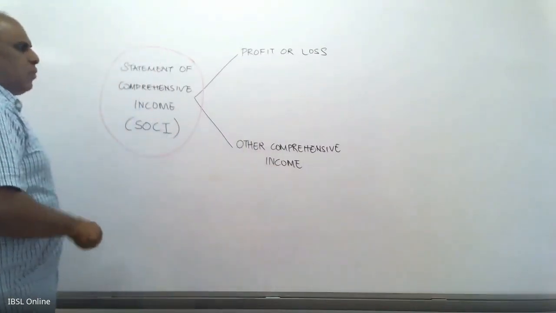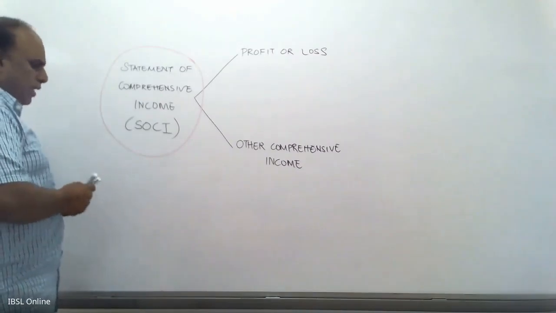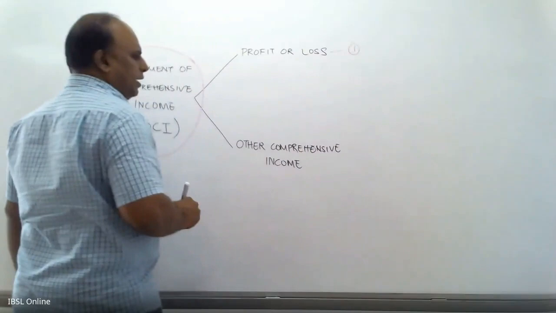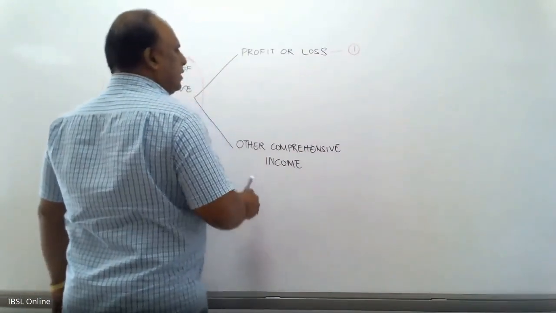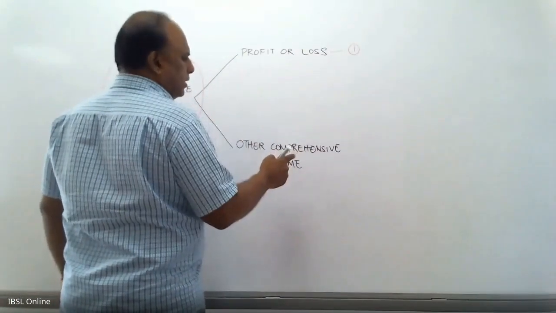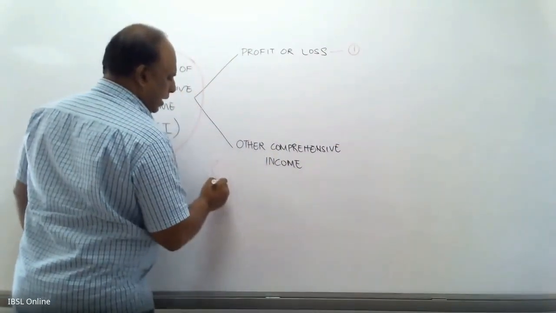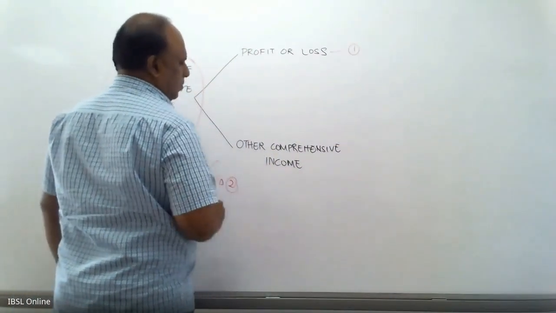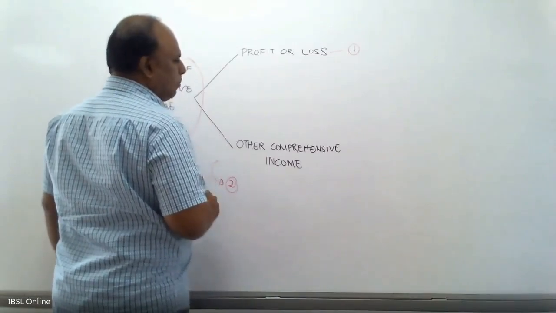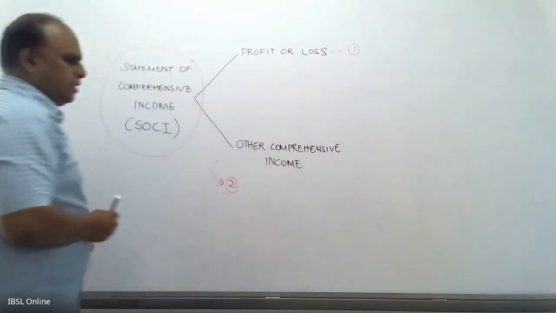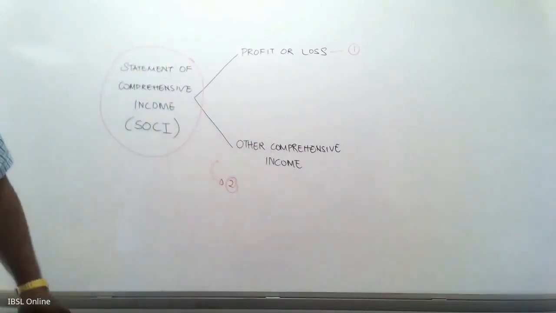So what the companies do is they give this as a separate statement, as statement 1, and then they give another combination of this and this as 2. Okay. So how do you combine this? Profit or loss and other comprehensive income. Now that is what you will see.